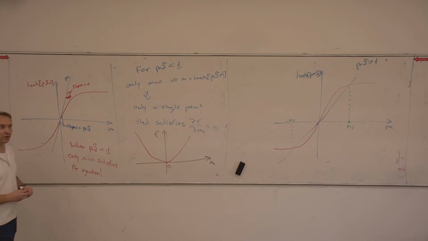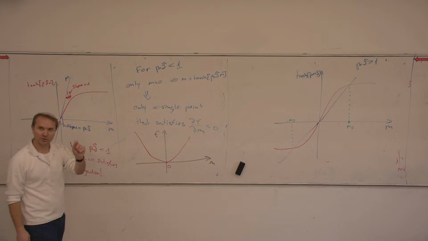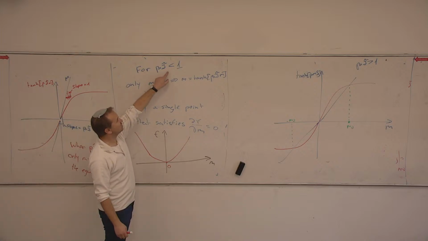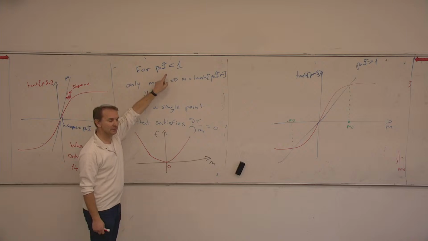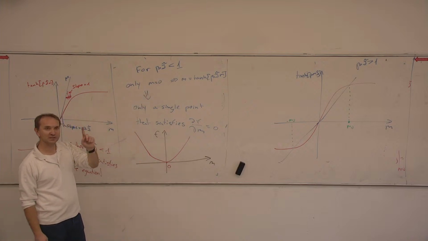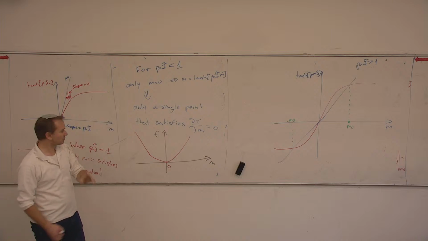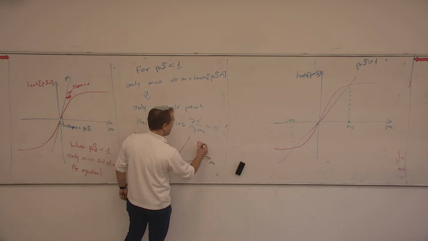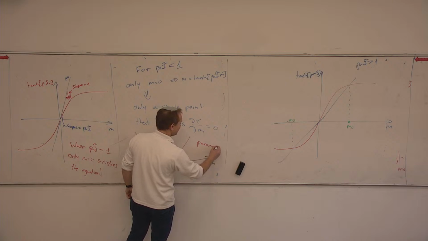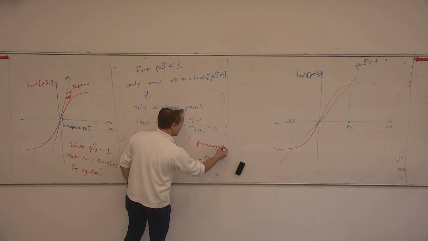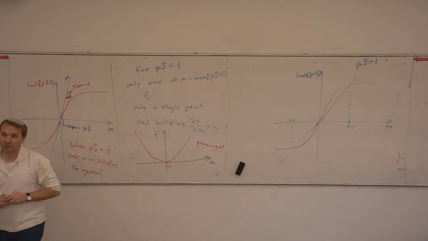Okay? So therefore, for beta j smaller than 1, there is only one solution, and the magnetic moment has to be 0. This is a paramagnet.